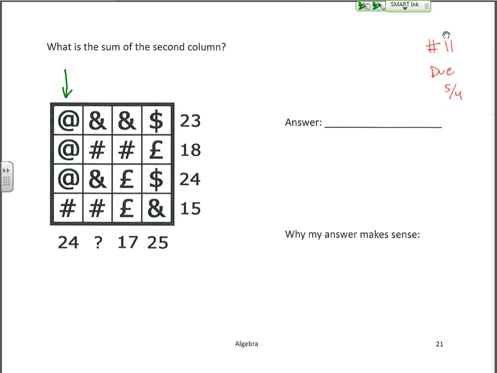And you'll find that there are basically 3 options that the at symbol can be. And once you narrow it down to those 3 options, now you can look at it as a little bit of logical guess and check. Test one of the options, see what the pound sign is, and then from there, I would go to this second row, because if you're assuming the at symbol is something, you've just figured out what the pound sign is.